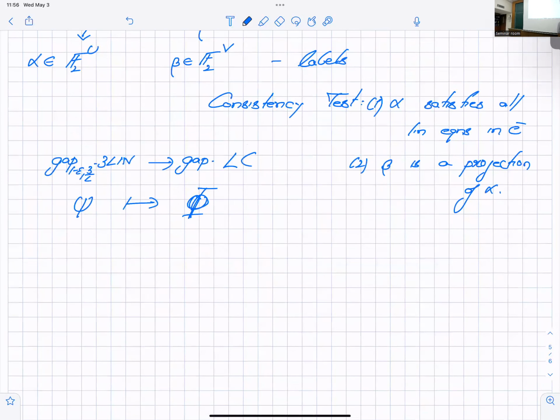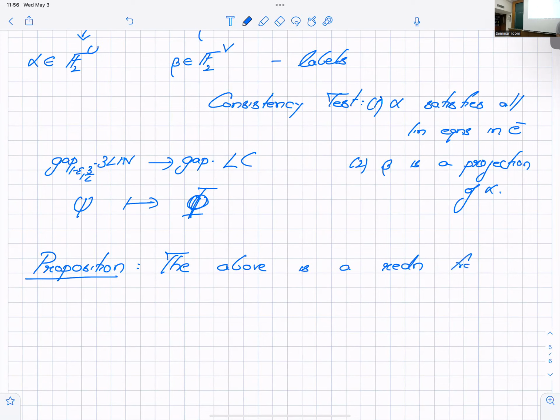And the proposition is: above is a reduction from gap 1 minus epsilon 3/4 3 ln 2 to gap label cover. I have to tell what the completeness and soundness are. The completeness is 1 minus k epsilon.